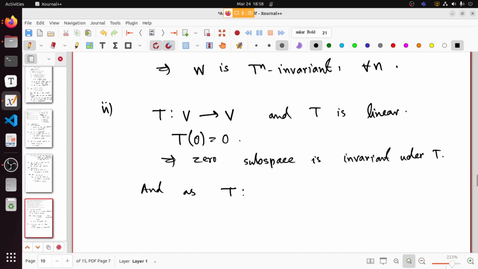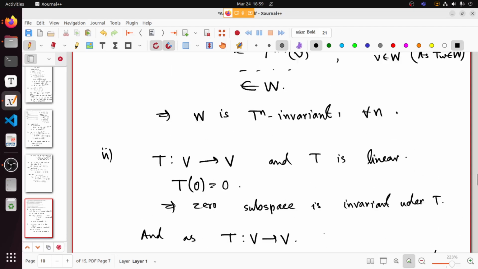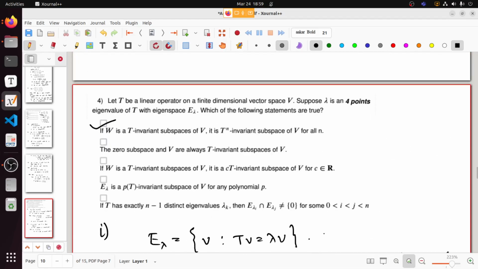As the map is from V to V, which implies V is also invariant under T. So option number 2 is easy, it's done. Now check option number 3.